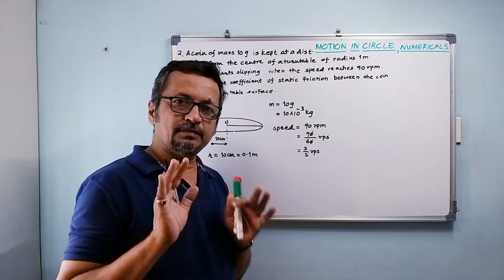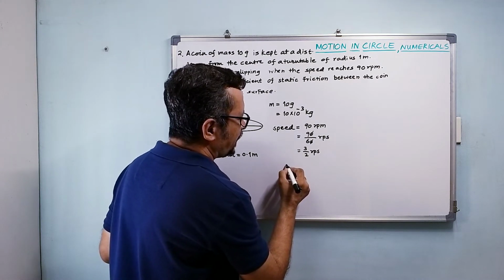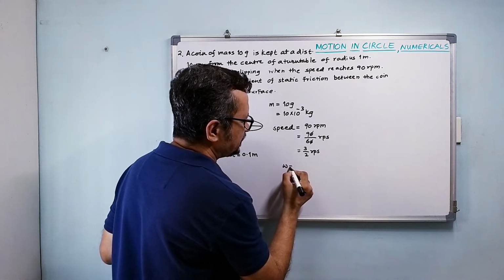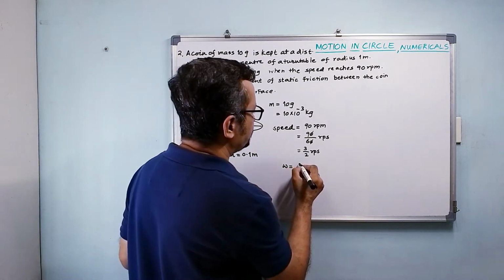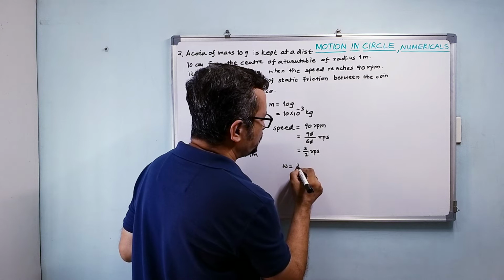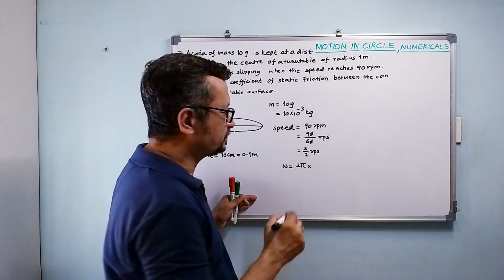Can we calculate the angular velocity here? We can. So angular velocity is equal to 2 pi into number of revolutions per second.